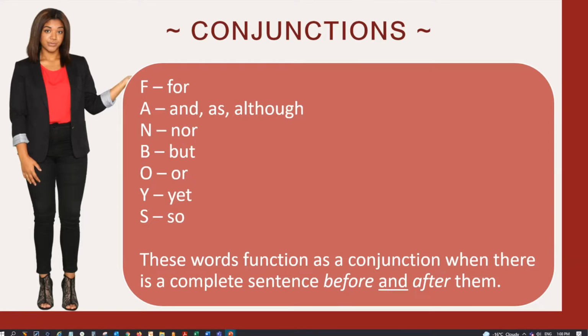Now, these words don't always act as conjunctions, but if you see one of these words in a sentence and you notice that there's a complete sentence before it and a complete sentence after it, then it is serving as a conjunction word and it's joining two complete sentences together into what's called a compound sentence.